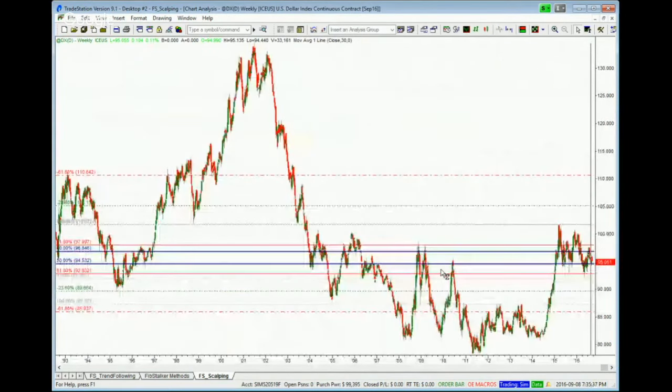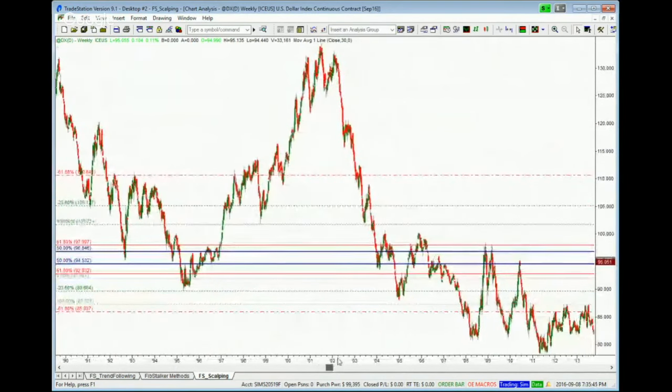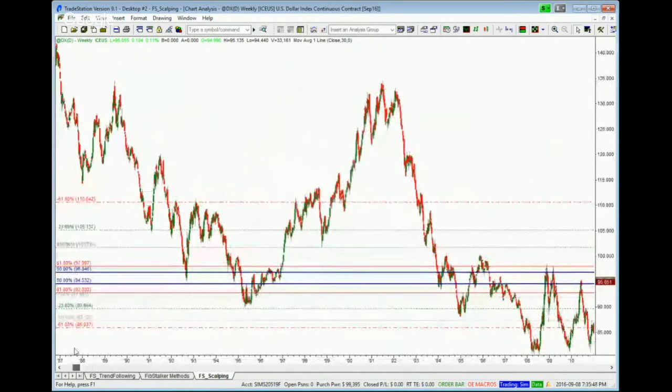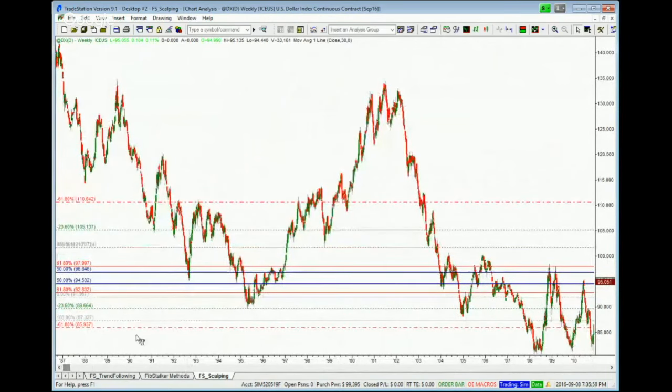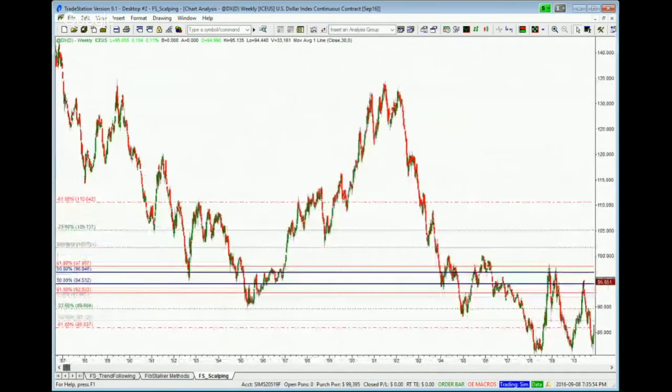When we look at this market, we have a very long-term chart here showing a market that since basically the highs before 87 has been moving lower. So the long-term trend of the dollar index, as you can see here, is actually lower.